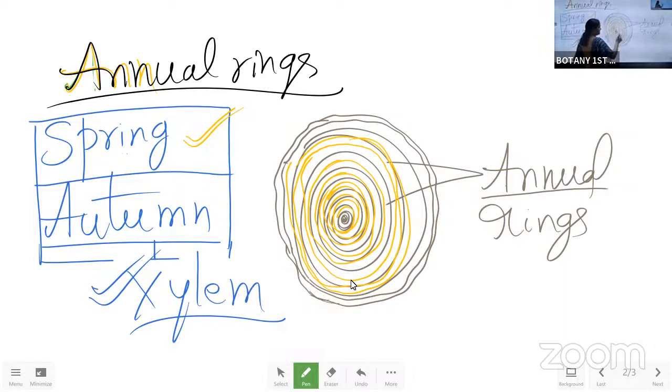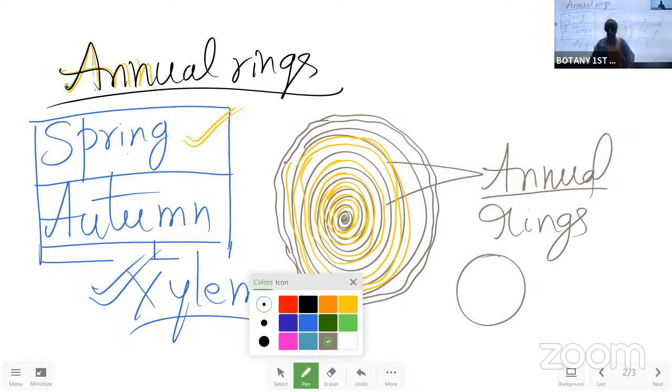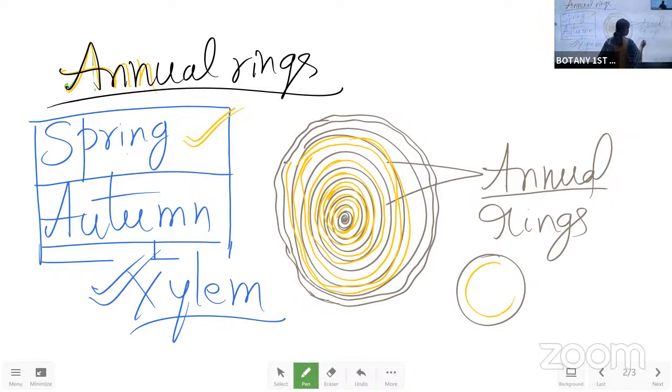So in one annual season, 2 types of rings are formed in the plant body: the dark colored rings and the light colored rings.